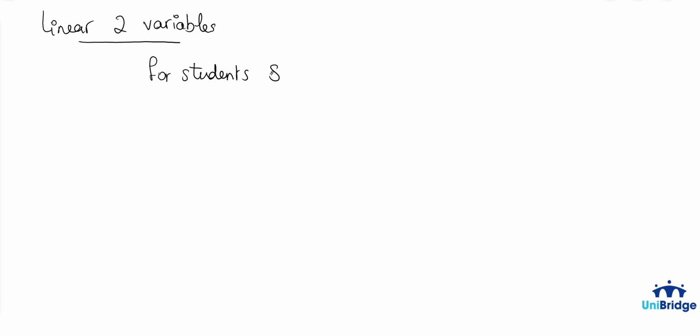In this video, we're going to discuss linear two variables word problems. So suppose we have this example that tickets for students cost $2 and tickets for adults cost $4.